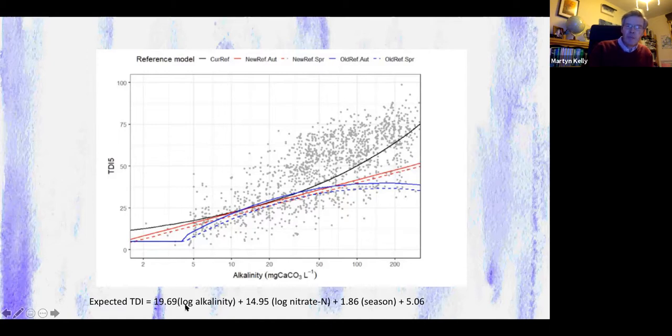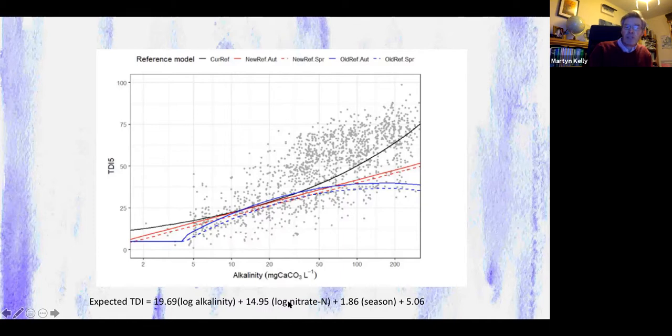I'm not sure if I mentioned, I should have done, this time we're using quantile regression rather than straightforward linear regression in order to fit our equation. So we're trying to model a lower quantile, the lower quantile being some sort of balance between the lowest values we've got whilst retaining some statistical robustness.